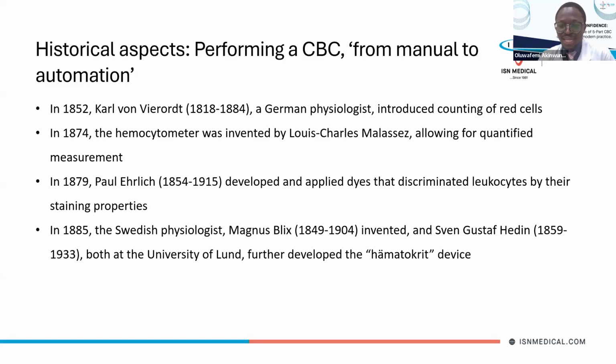The hematocrit as a terminology was actually derived from lactocrit. For those of us that know about Sweden, they have a lot of cows from which they harvest milk. So in order for you to know the quality of the milk, you need to measure how much of the solid component of the milk.